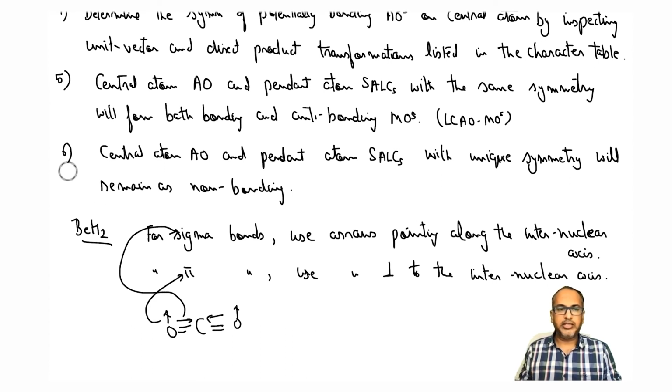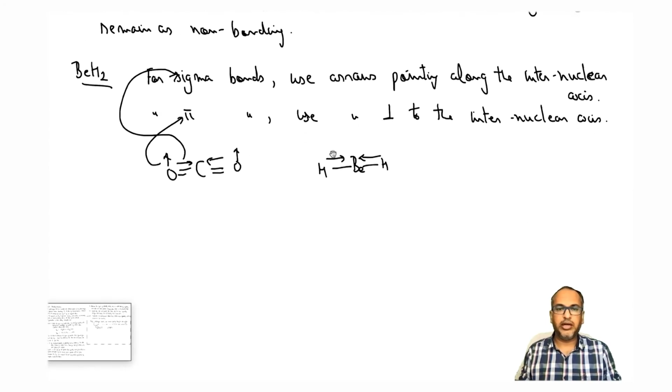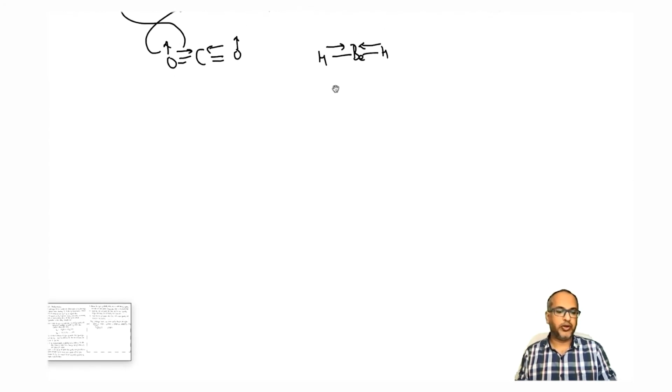Now in case of BeH2 we only have sigma bonds, so we will consider only these arrows which are along the internuclear axis, and we will use these two arrows to create a Γ reducible under the D∞h point group. So let us see what we have.